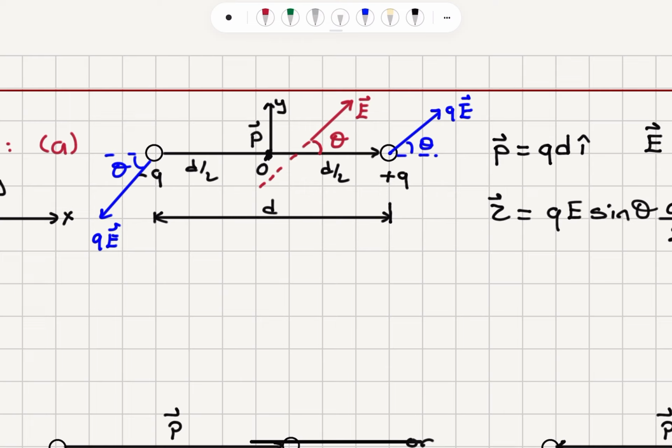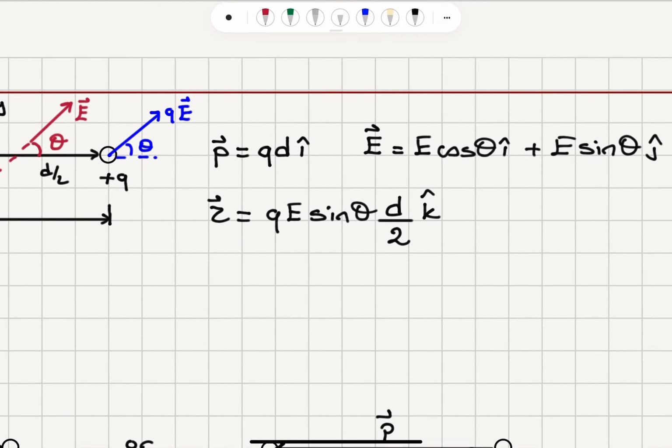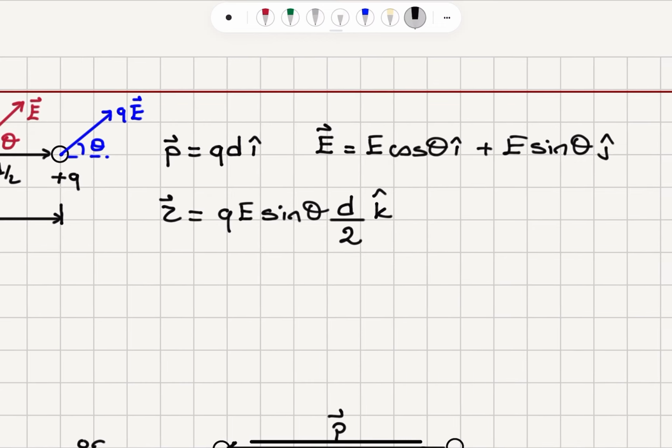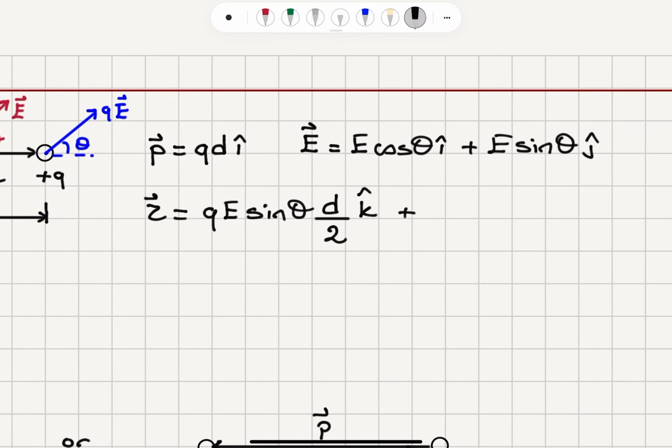So the sense of rotation here, according to this torque, is in this direction and also in this direction. As you can see, both are counterclockwise, giving us a positive torque. So this is plus qE sine theta d over 2 in k hat direction as well.